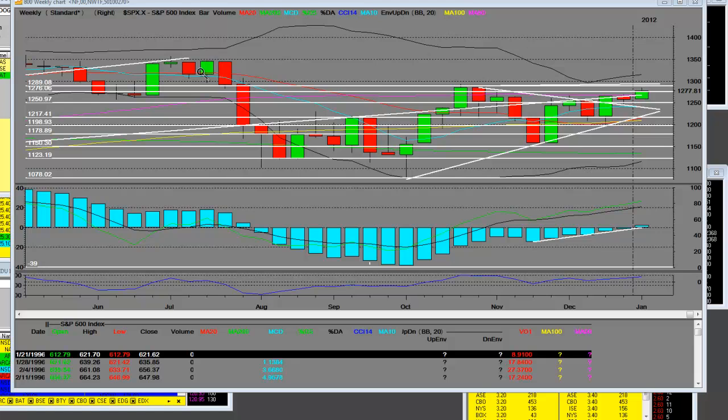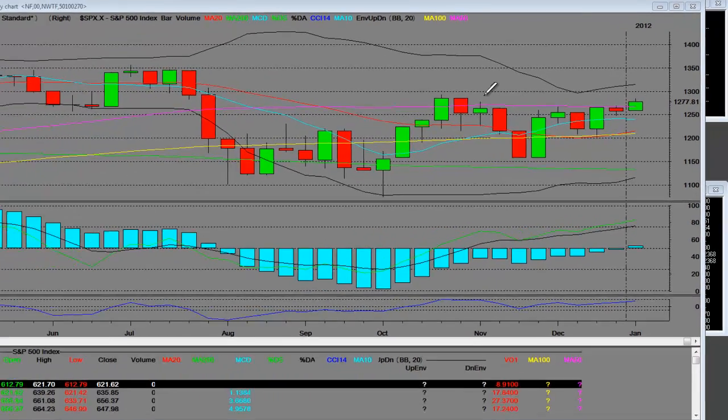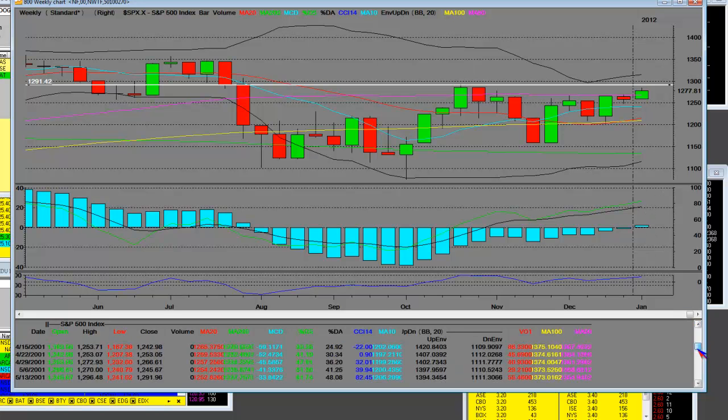What I'm going to do is clear these trend lines for you on the first pass and just let you see it. That's right up here at that top. Yes, they have a slight weekly buy signal that was created in 8 days of the Christmas week and the New Year's week that we're just completing. Now the holiday and the New Year is officially over, with the first 4 upside trading days of the new calendar 2012.